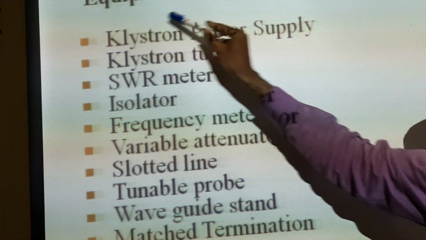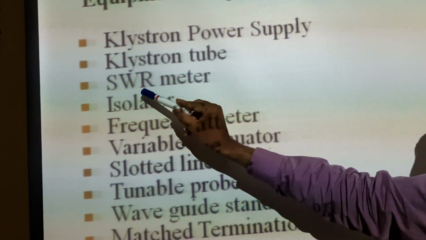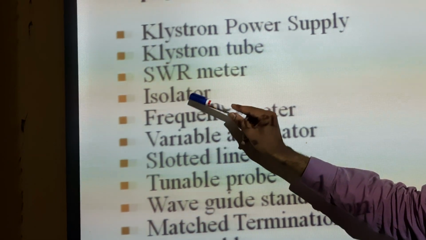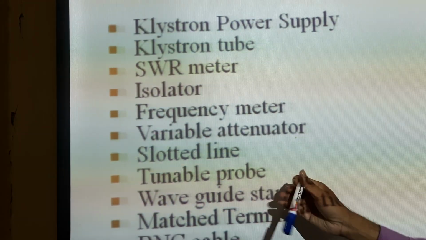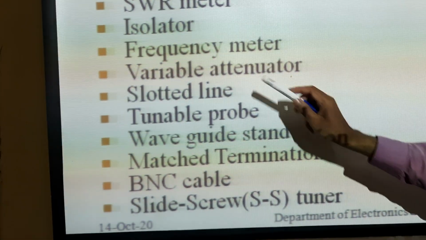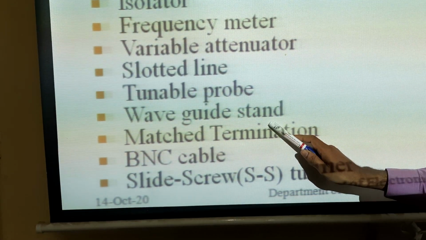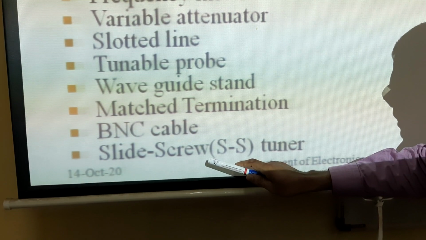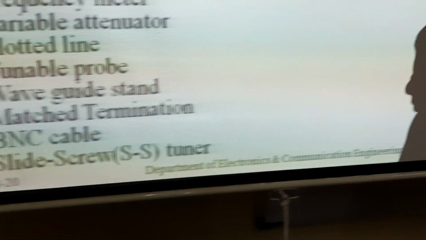That's why we have a klystron power supply. Then we have VSWR meter which measures the VSWR. Then we have isolator, frequency meter, variable attenuator, slotted section, tunable probe, waveguide stand, match termination, BNC cable, and slide screw tuner. Then we will go to the next slide.